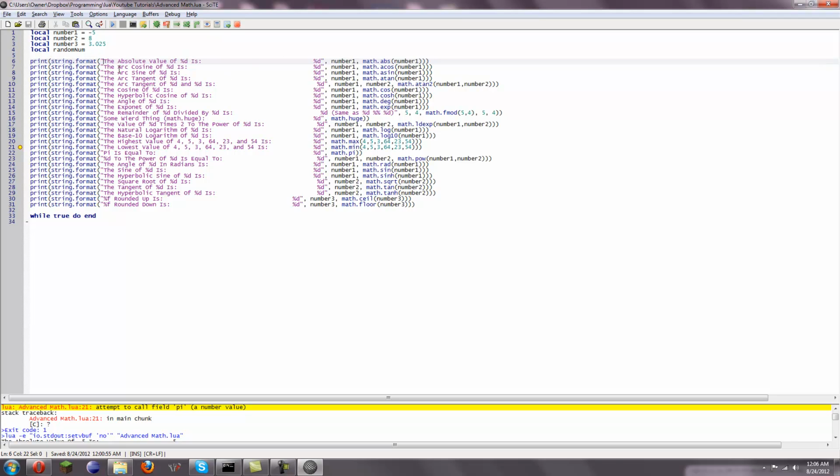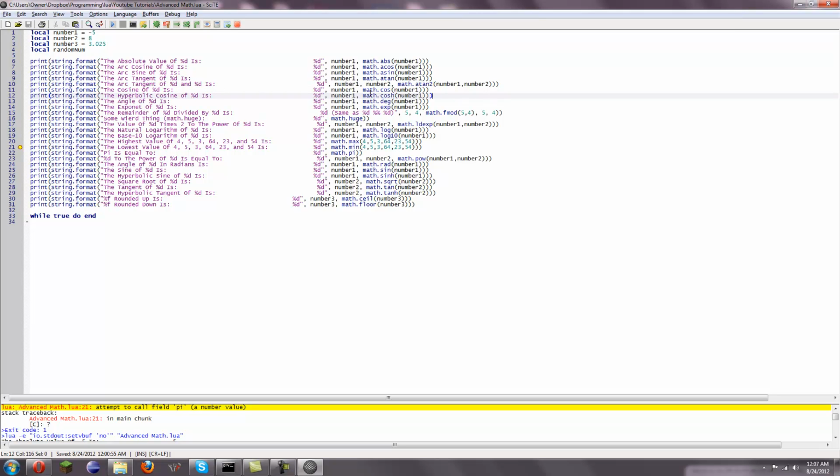To get the arc cosine of a number, you just do acos, and then the number. To get the arc sine, you use asin, and then the number. To get the arc tangent, you use atan, and then the number. And to get the arc tangent of two numbers, you use atan2, and then the two numbers.